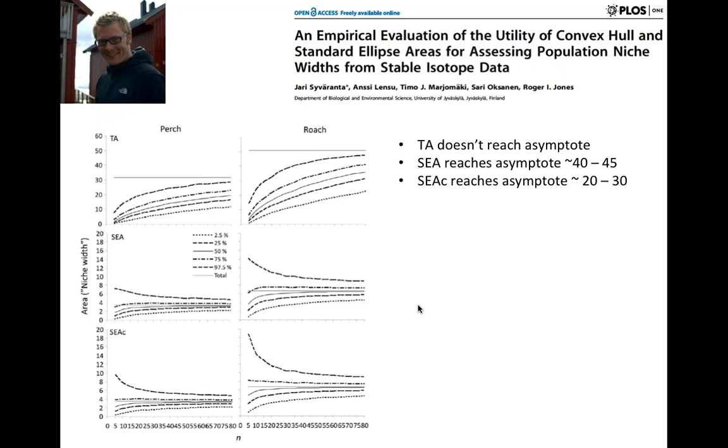If you want to quantify the niche using this SEAC, you're looking to get at least 20 to 30 individuals. So if you're doing a study and you've got 15 fish or 15 birds, and you want to say, okay, what's our niche width based on that? You really have to start thinking about how valid your values are, whether you can get any more data, or whether you can actually do this.